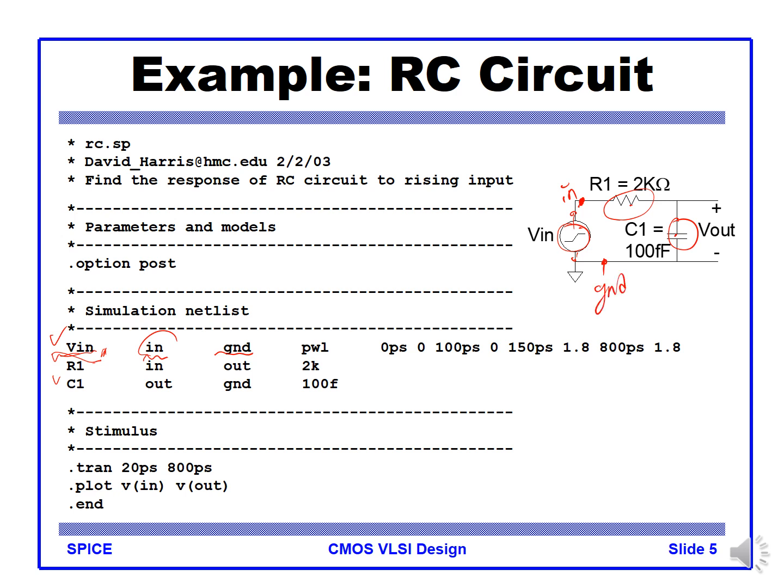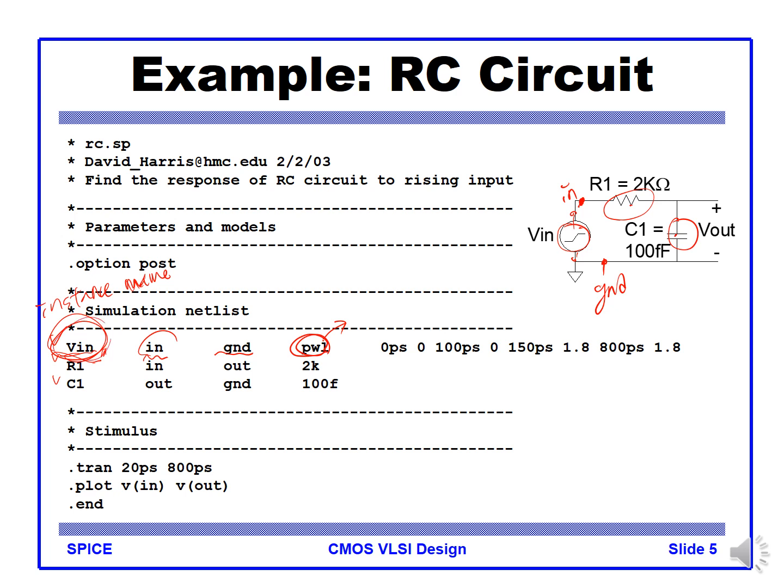PWL, input and output. This is the instance name, and this is the module, the sub-circuit name. So we use the PWL with the instance name of VIN.